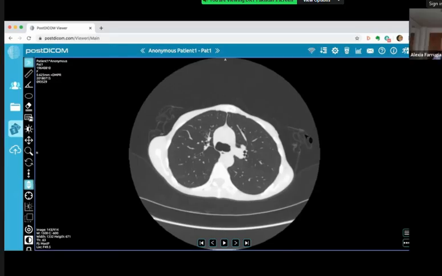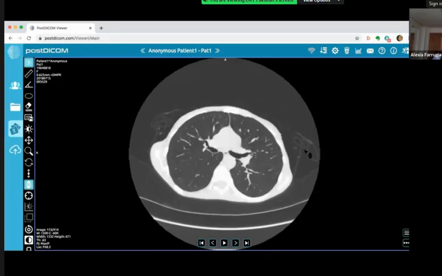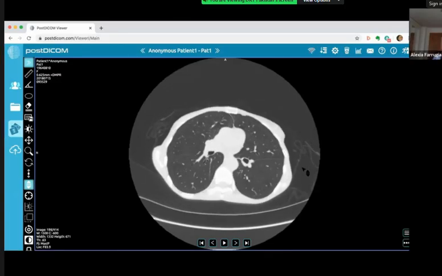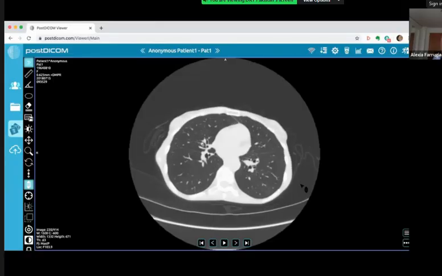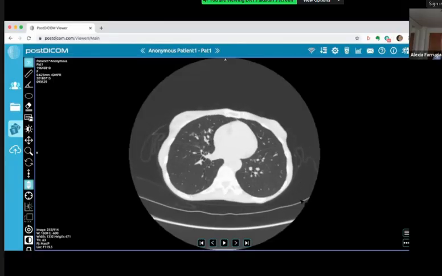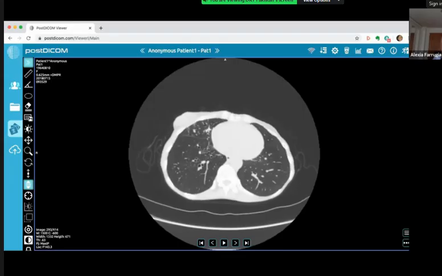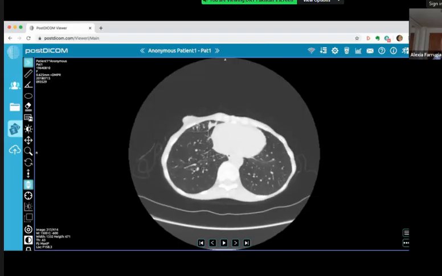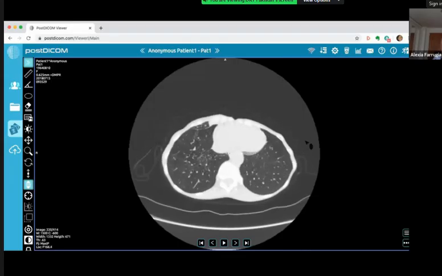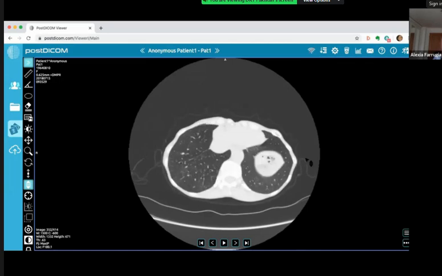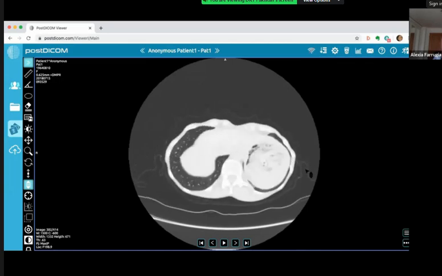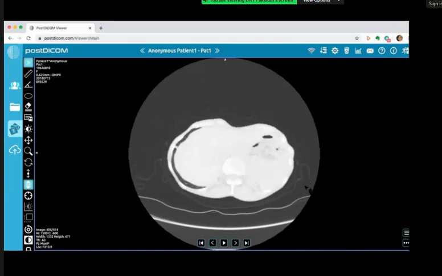I'll just scroll through. Okay. Have you seen an abnormality in the lungs? Yes.